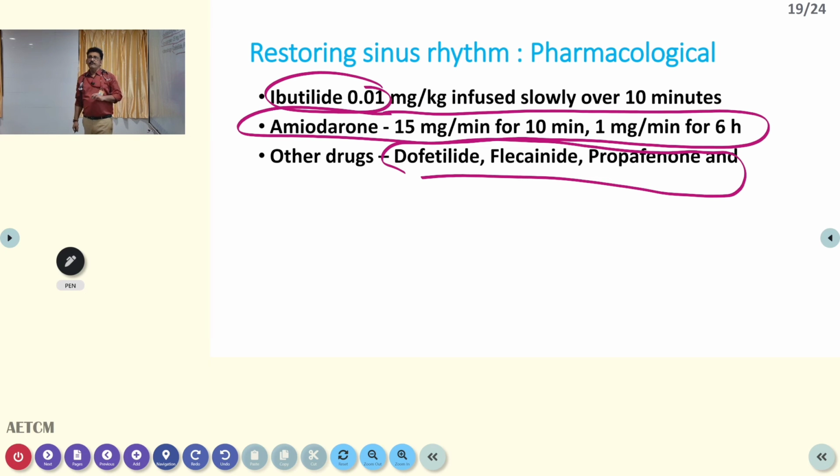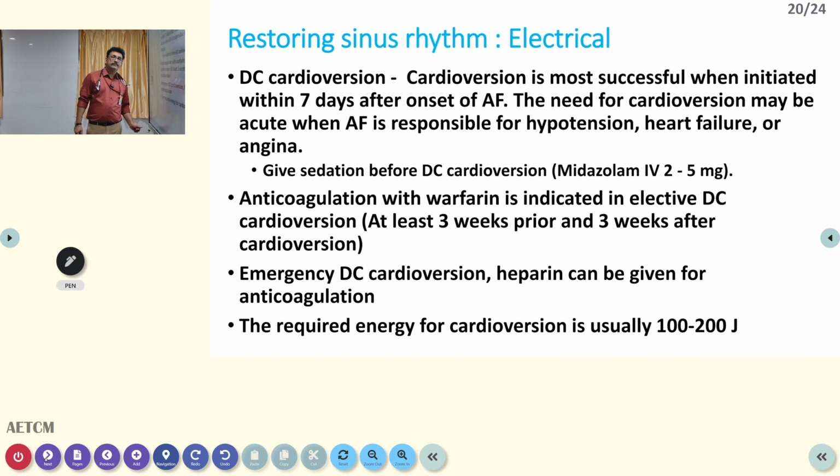So amiodarone is a very safe drug in atrial fibrillation with fast ventricular rate. If they are not responding to beta blocker, or you are not able to give it because of severe hypotension, we have to go for DC cardioversion. That is a different issue. But amiodarone can produce some amount of hypotension, though not like beta blocker or calcium channel blocker.